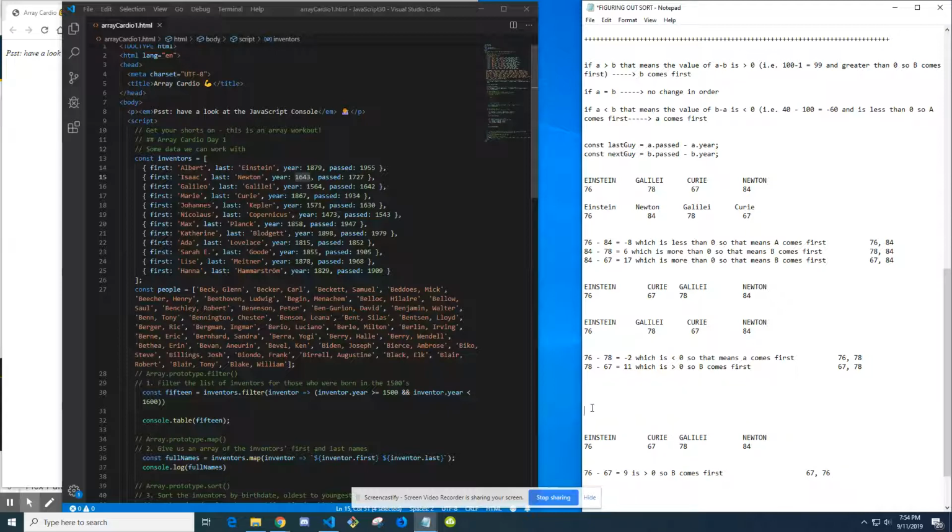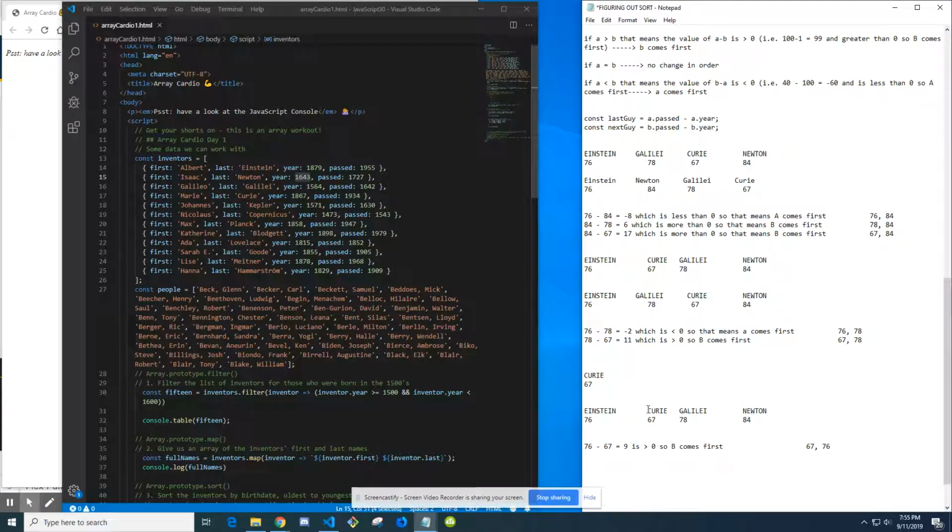Put some space down there so I can do this again. So we want 67 to be first because that's how it was. And now we're going to do the new A and B. Oh, and then Einstein was second. So now our new A is Einstein of 76.